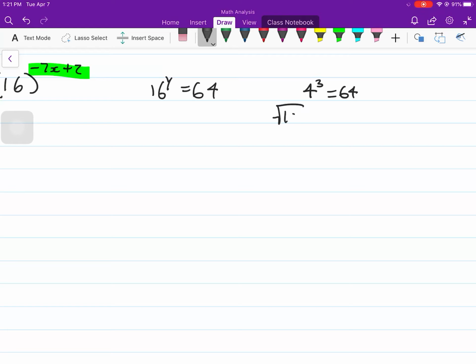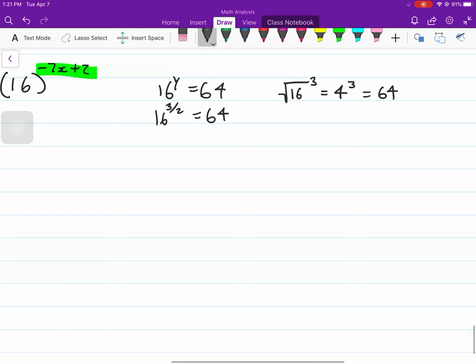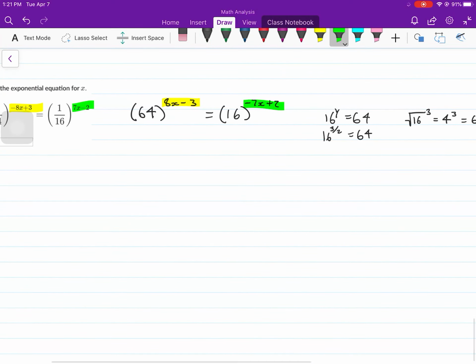Well, the square root of 16 is 4, right? Well, if we cube the 4, then we'll get our 64. So 16 to the power of 3 with an index of 2 would be 64. So I'm going to go ahead and rewrite that 64 as 16 to the 3 over 2.